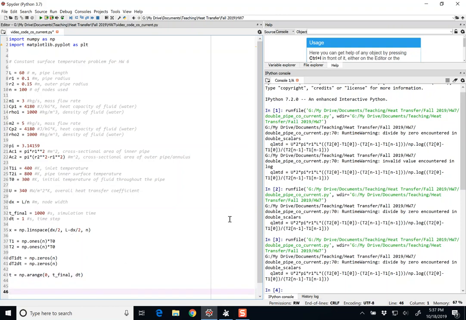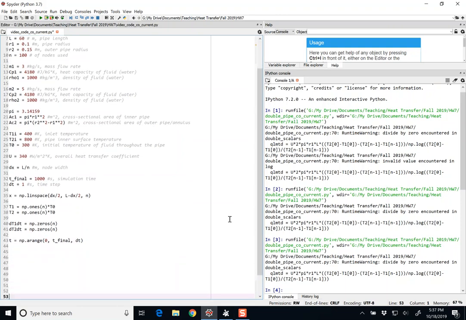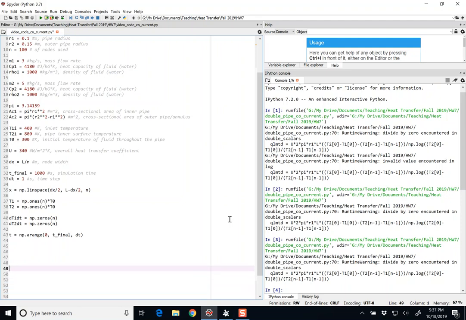Okay, so now we're going to set up a loop. We're going to set up this outer loop, starting at time 0, actually starting at time 1, and just cycling through all of our time. So we're going to go from j in range from 1 all the way out to the length of our time vector.